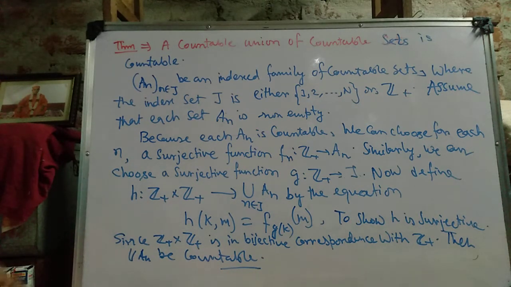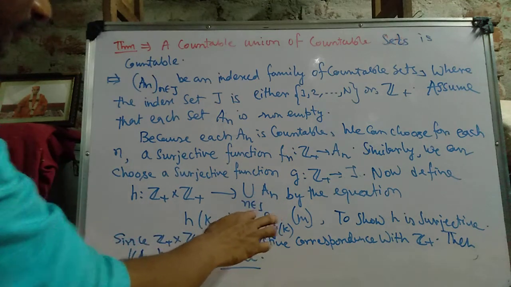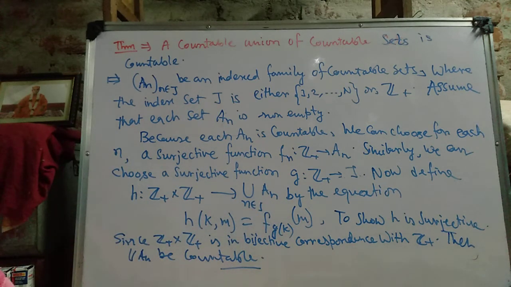Okay, that means we start from an indexed family of countable sets where J is either 1 to n or Z plus, and assume each is non-empty. Then A n countable means a surjective function f n from Z plus to A n. Similarly, we choose a surjective function g from Z plus to J. Now we define H from Z plus Cartesian product Z plus to the union of A n by H(k, m) equal to f of g(k), m.